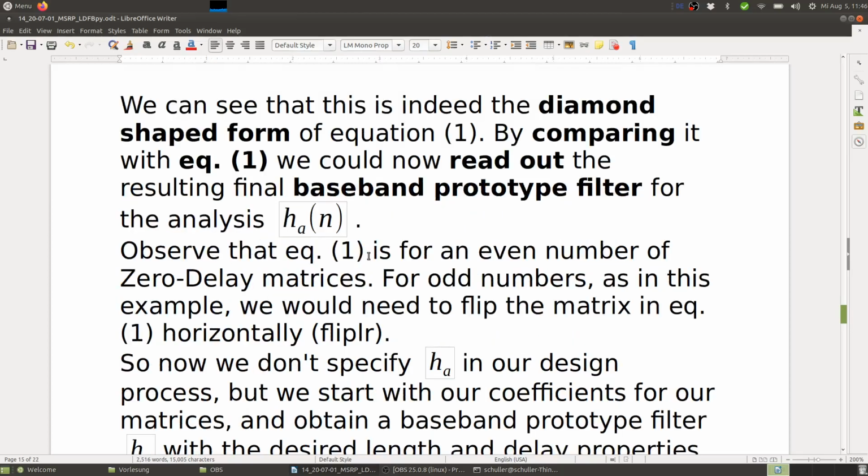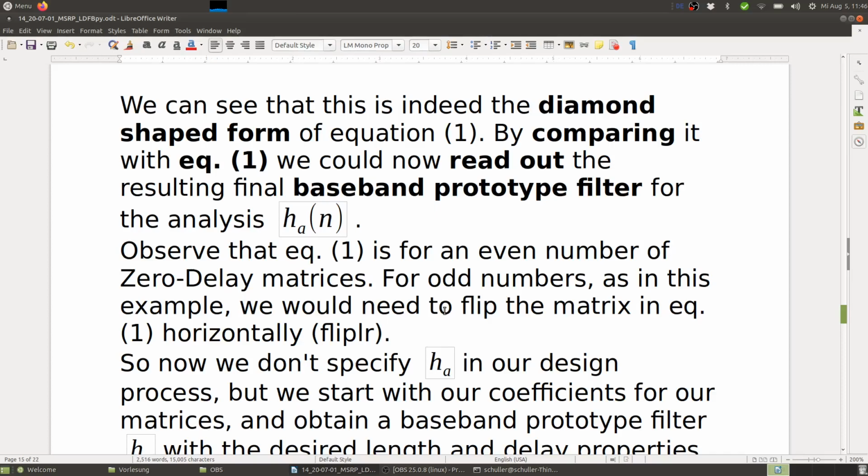Observe that equation 1 is for an even number of zero delay matrices. For odd numbers, as in this example, we would need to flip the matrix in equation 1 horizontally, flip LR, so that the exponents fit.